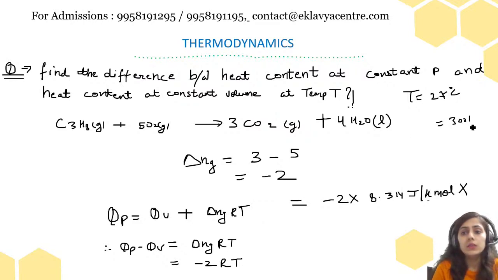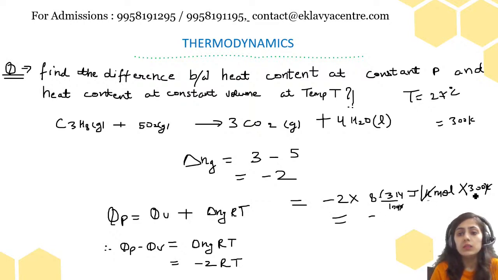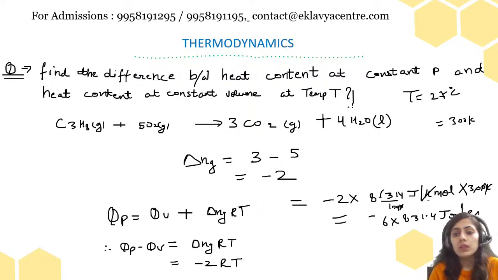Let's put 300 Kelvin. So this Kelvin gets cancelled. We get minus, and this, wait, 1000. So it will be minus 4988.4 joules. Or else we can find out the energy also in kilojoules, depending on the options given to us.